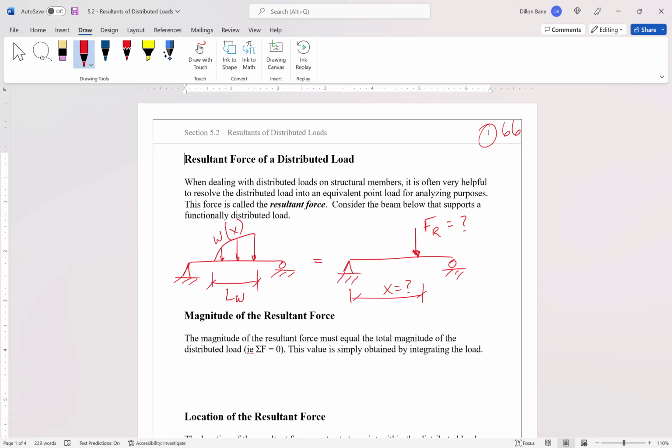It has the same effect on the beam as it would being a distributed load. So replacing a distributed load with a single point load is what we're trying to get out of this section 5.2: coming up with what we call the resultant force of a distributed load.